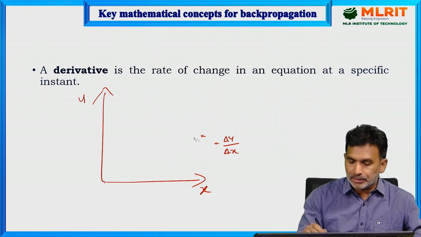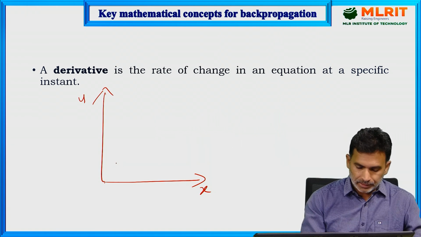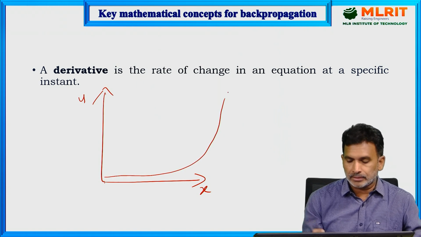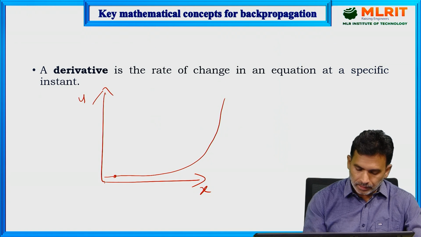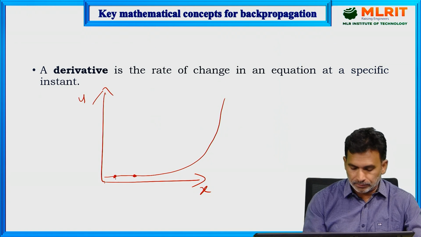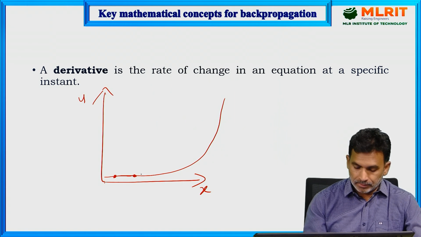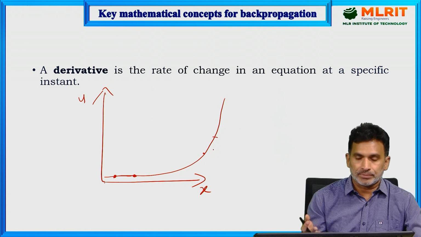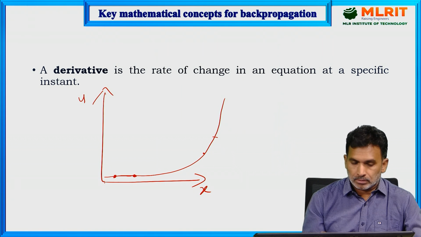Whereas if you take a non-linear, let us take one curve like this. Now if you take any two data points and observe the slope, the rate of change, it varies. Suppose if you take this one and this one, the rate of change is different.